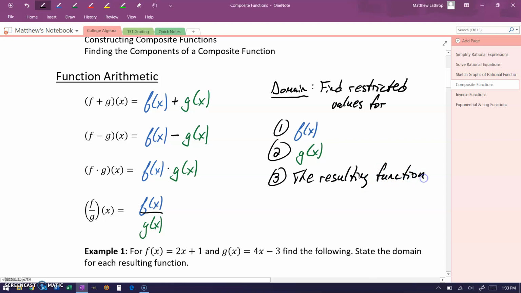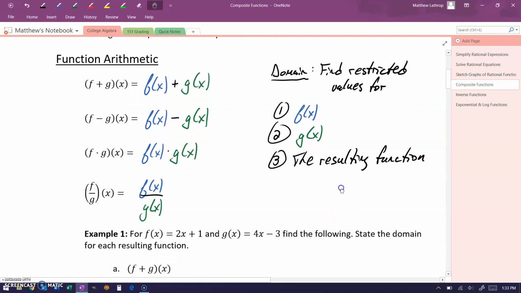That means that if a value is restricted in f of x, it's also restricted in the resulting function, and the same would be true for g of x and any of its restricted values.